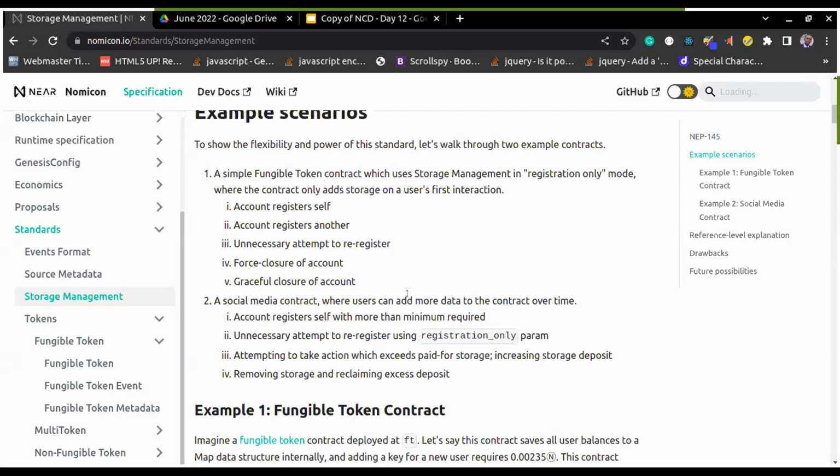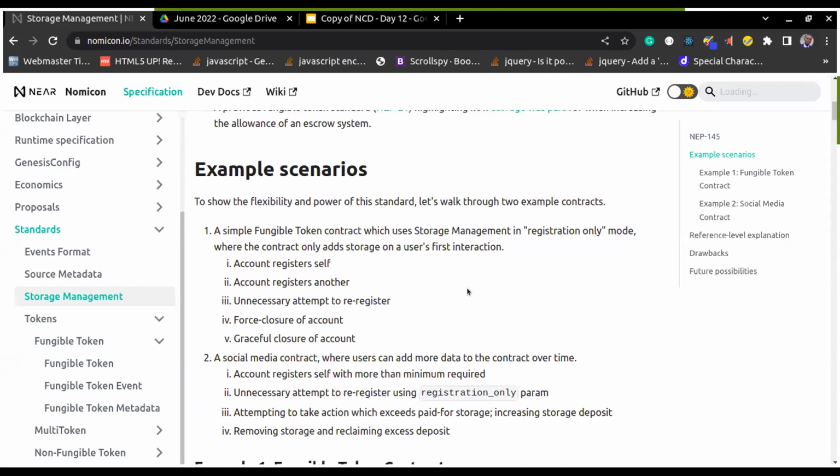So after staking the storage, then you can go ahead and do your transaction. And again, we'll be seeing how that is captured as we walk through the fungible token smart contract in our coming session tomorrow.